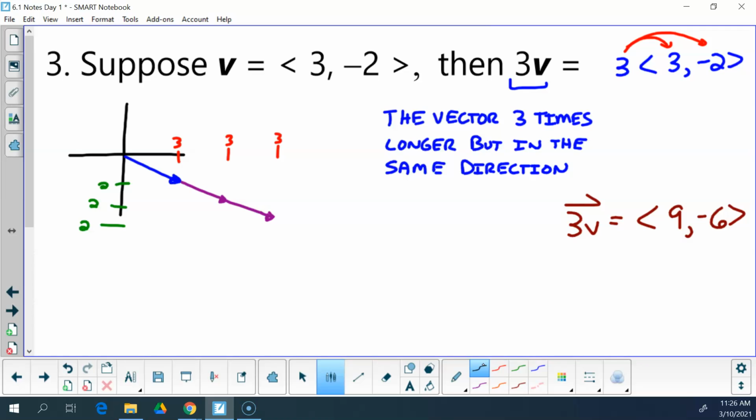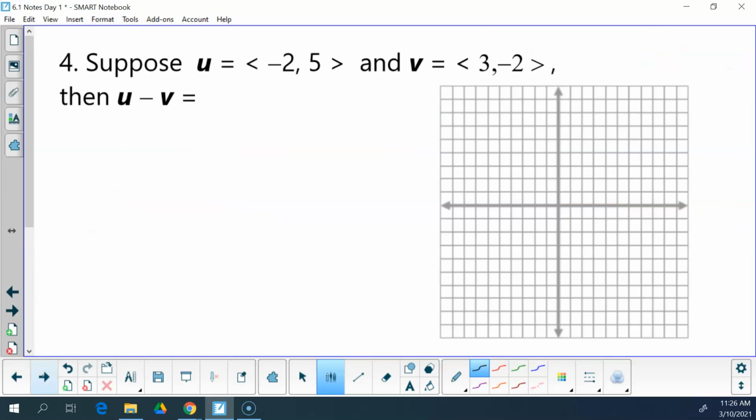So we can scalar multiply vectors. We can take opposite vectors. Okay? We can subtract vectors. Okay? And we can just do it algebraically, we can subtract the vectors just like we added the vectors before.